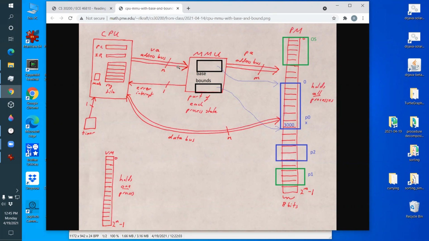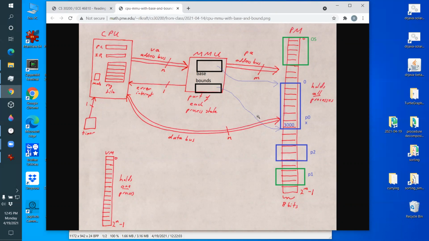In this memory system, every virtual memory space is a different size, depending on what the bound register is. So it's a bit of a quirky virtual memory system, in that the CPU might think the virtual memory space is this big, but the bound might cut it off.